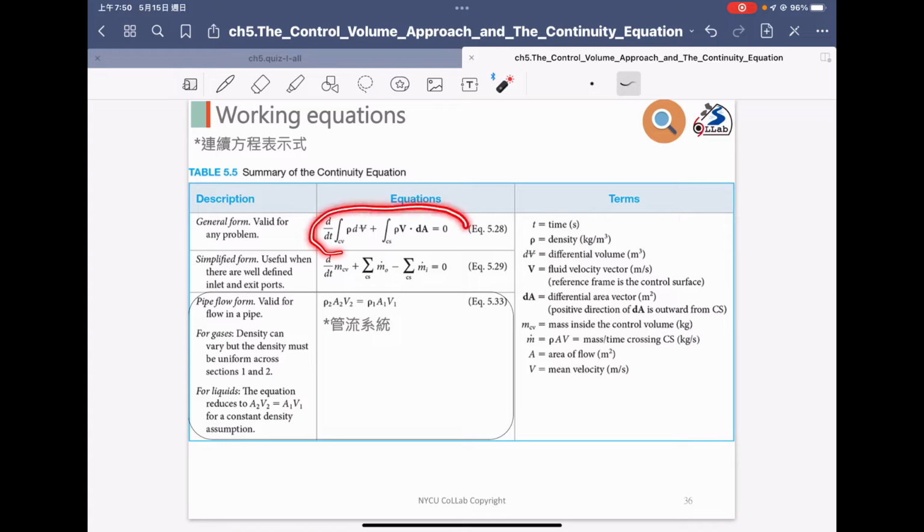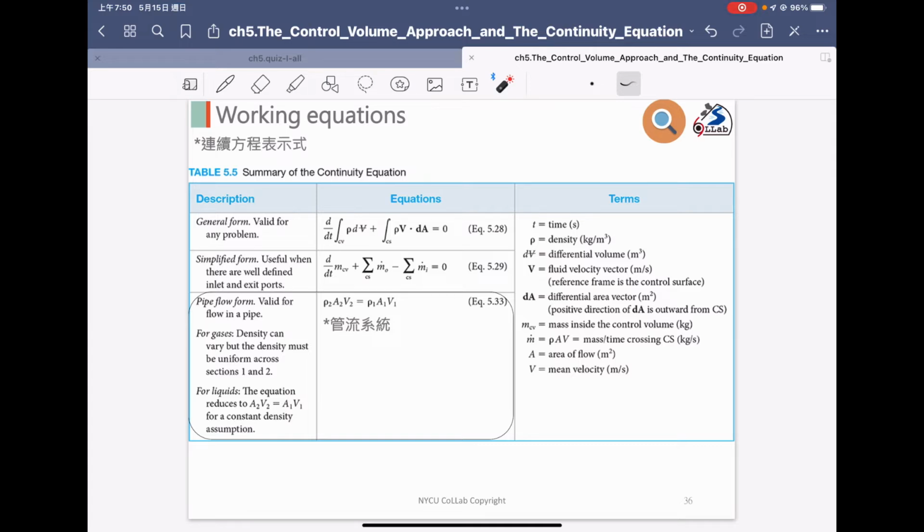Okay, so we have a table summarizing two formulas for continuity. The first one is based on the integration ideas, so we do the integrations along the control volume and along the control surface. And the bottom one is just based on the mass flow rate balance being equal to the mass in the control volume accumulating or not.